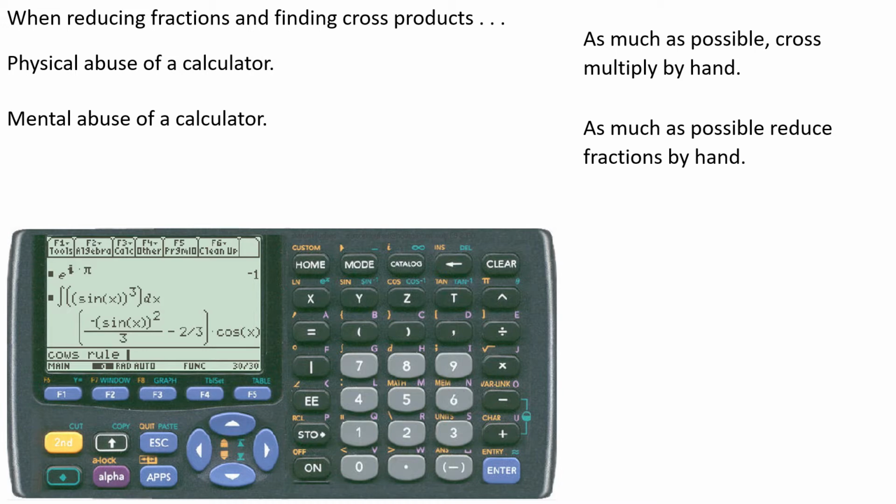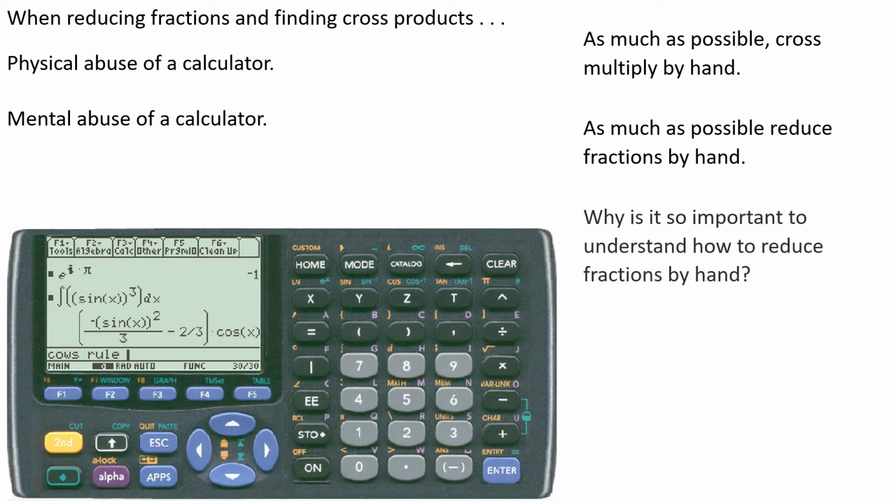If we have to cross multiply, as much as possible, let's do it by hand. The calculations I did on the previous slide did not require a calculator. So mental abuse of a calculator is pushing buttons on that calculator when you really should just be using pencil and paper or doing it in your head.